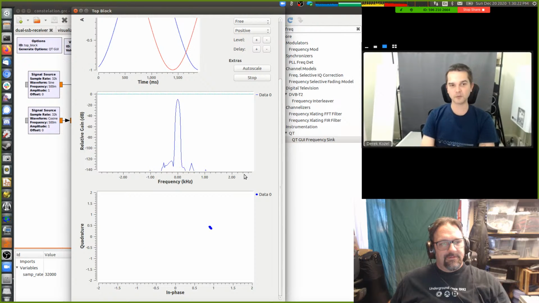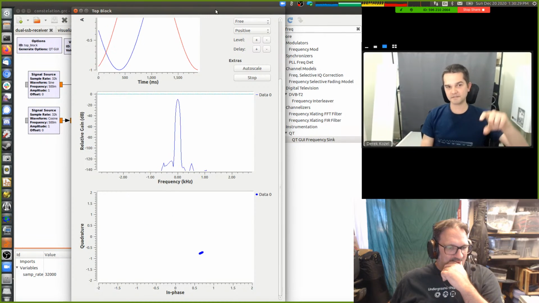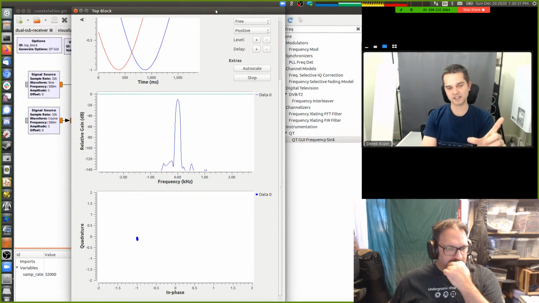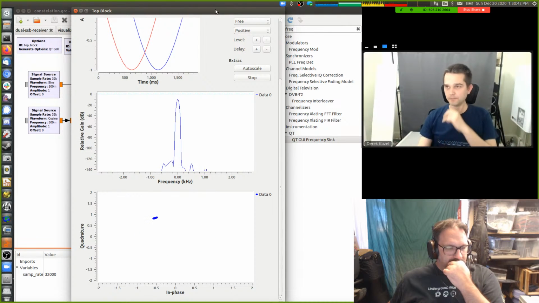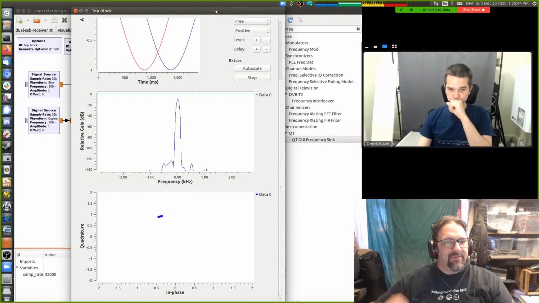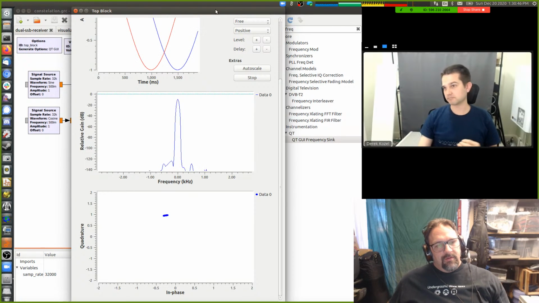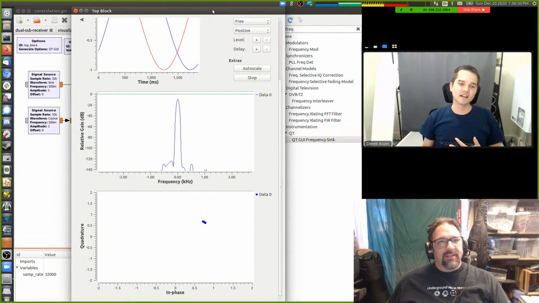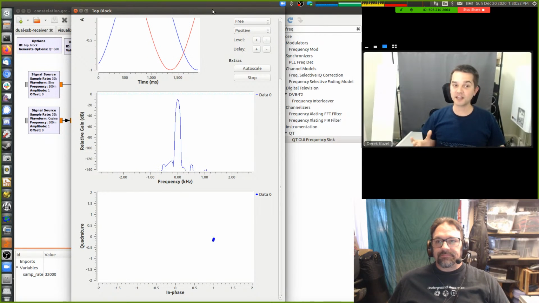We have two sine waves going in, and we can see that the blob is rotating clockwise, because if you plot the real, in-phase value as the X, and the quadrature imaginary component as the Y, over time, that describes a circle. We're just doing it very slowly here because I want to be able to actually see it instead of just making it a literal circle. So it is rotating clockwise.